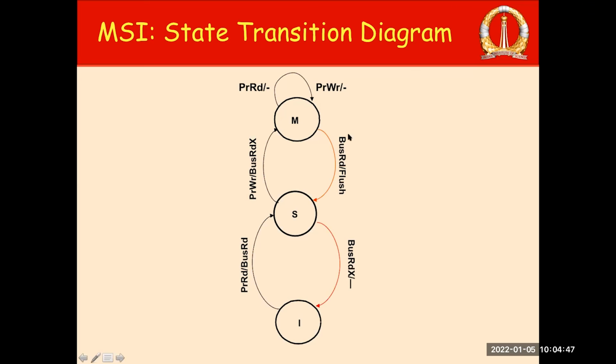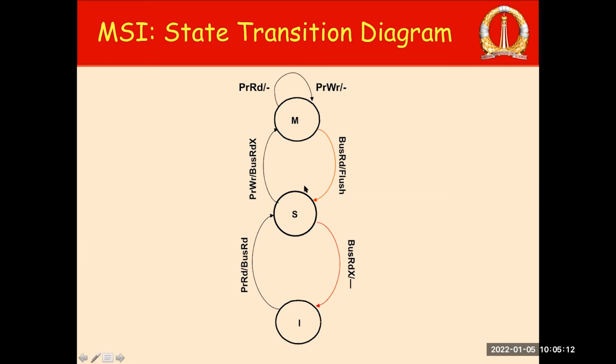Because this particular block is in the modified state, the processor would change the modified state to what is called the shared state, and then this processor and the processor which is requesting this data together will be in the shared state and they will have copies of this data. So that is what is explained by this state transition diagram.